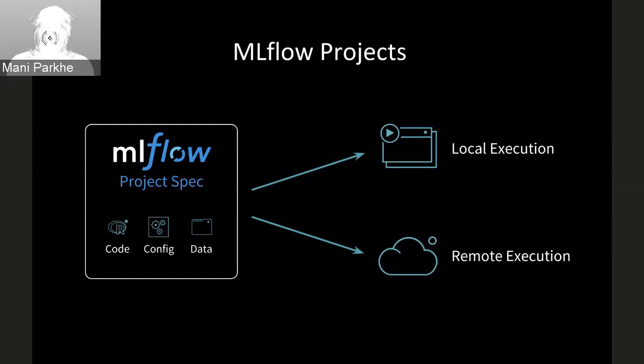In this packaging format, we obviously need to include the code that is needed for training. You may also need some configs and some pointer to data. So this effectively constitutes what would be needed to reproduce the run, whether it is running locally on your or somebody else's machine, or running on some remote cloud.